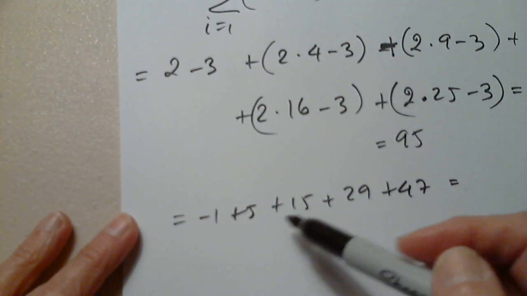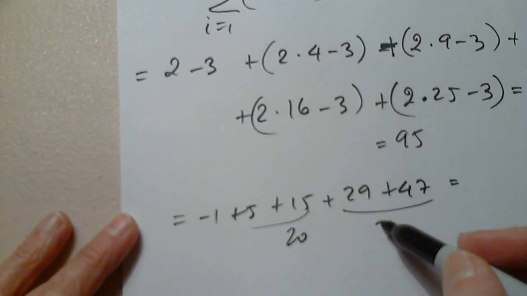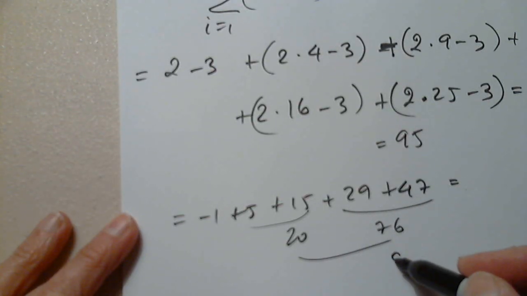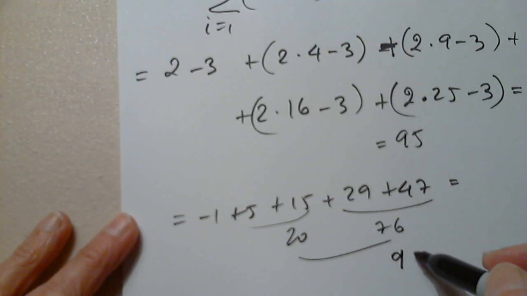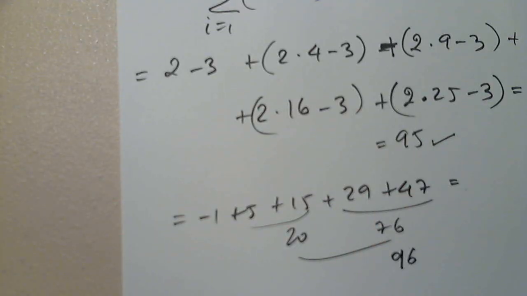So this is 20. This is 76. So this will be 96, and minus 1 is indeed 95. So it's not such a big deal, but you can use the calculator, but you have to list the terms. Calculating them or not, it's okay.